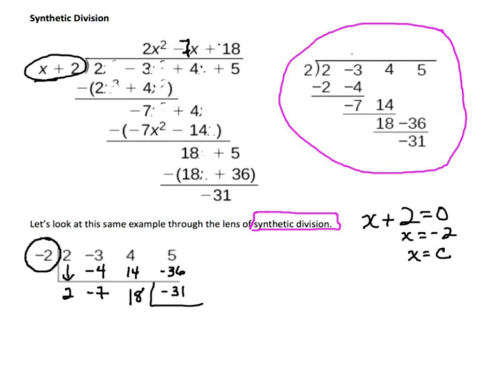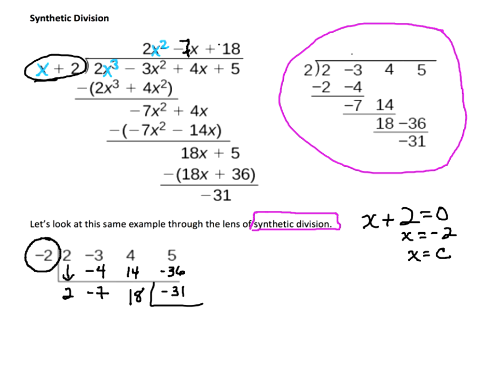Notice, let me get a different color to point this out. I started with an x cubed. Let me just uncover all these variables here. I started with an x cubed. I have taken out a factor of x, and I end up with an x squared quotient.